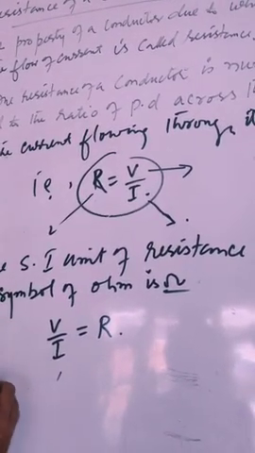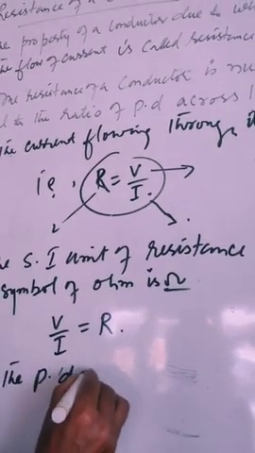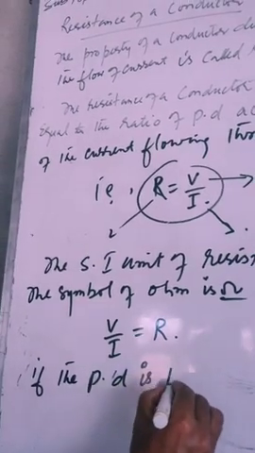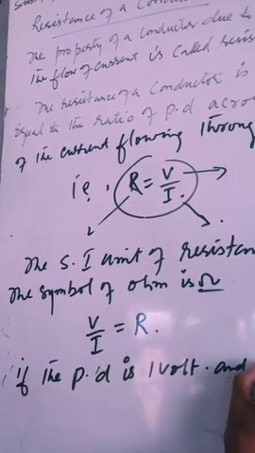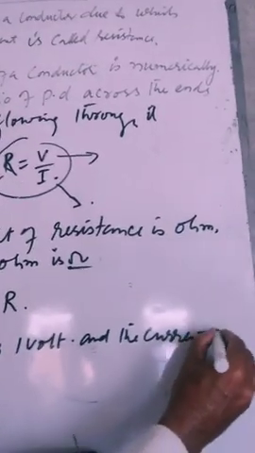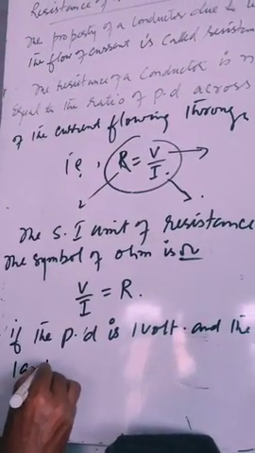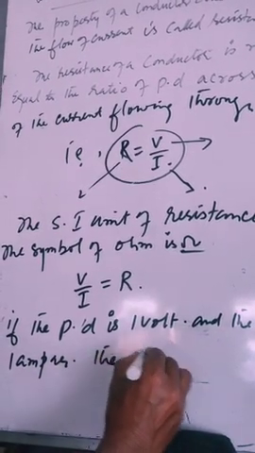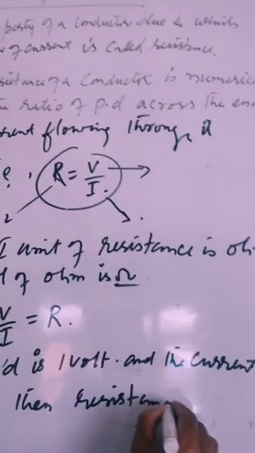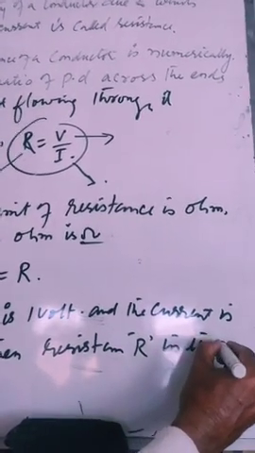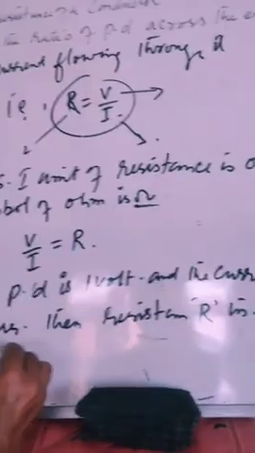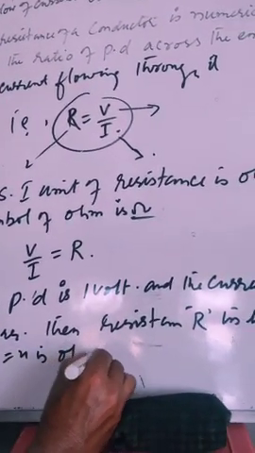We can say if the potential difference is 1 volt and the current is 1 ampere, then resistance R in the above equation is 1 ohm.